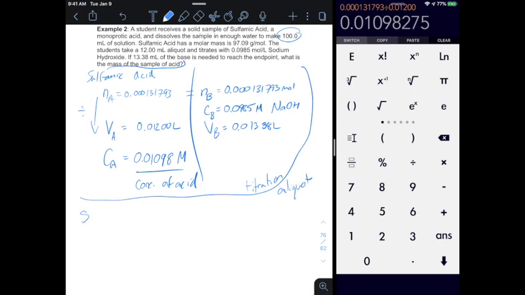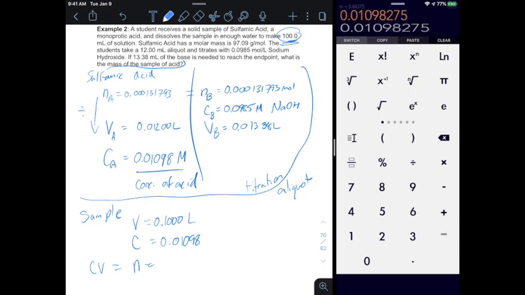And now we're going to talk about the sample. So the sample has a volume of 0.1000 liters. That's this one up here. And we now know the concentration of that sample, which is 0.01098. And so that means that the moles of that sample are going to be simply multiplying CV equals n.